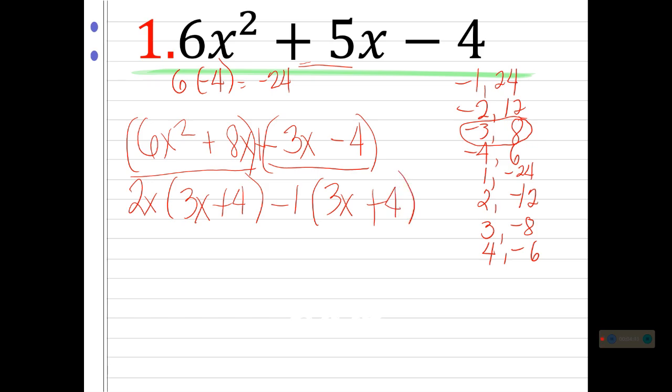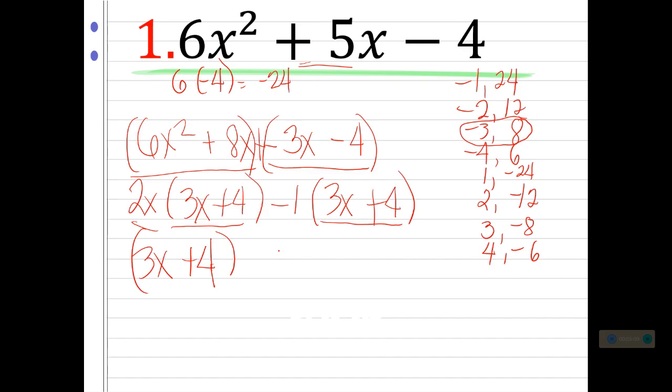And then, you are going to factor out the common binomial factor. As you have noticed, these are the same, so this is what we call the common binomial factor. You have to rewrite here the common binomial factor, 3x plus 4, and write the remaining factor as a sum or difference of the remaining terms.